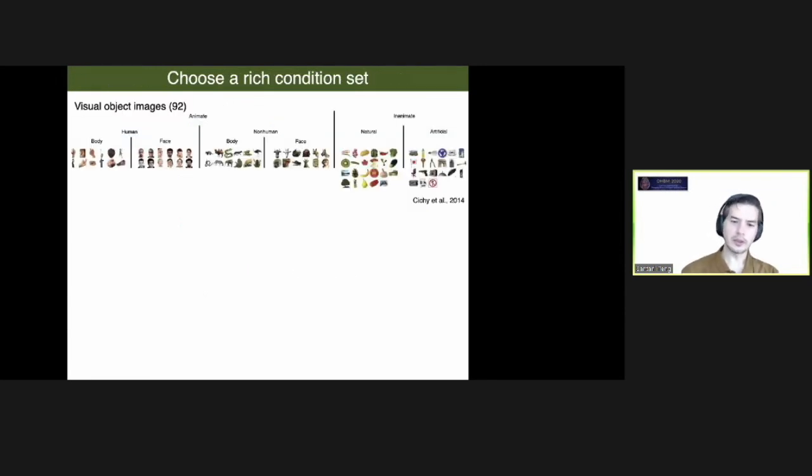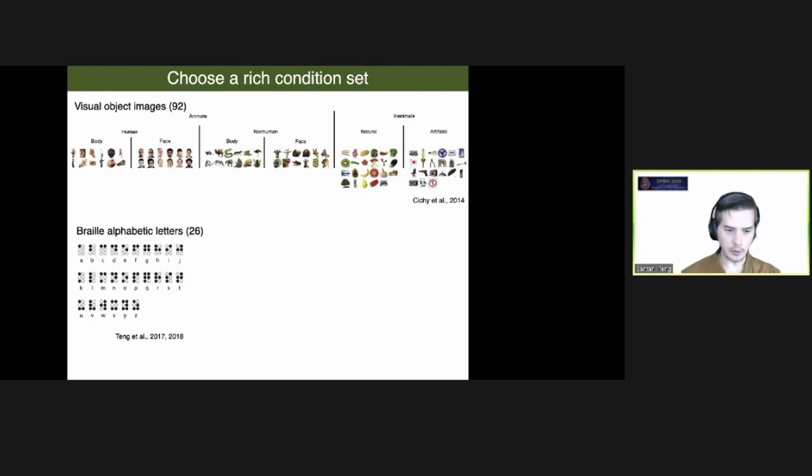Okay, so going through each of these basic principles in a little bit more detail. You want a representational space that covers the effects and representations that you're interested in, and you want to do this by having a large and rich condition set. Now the classic examples of this are big hierarchically categorized image stimulus sets, but there are other modalities available too.